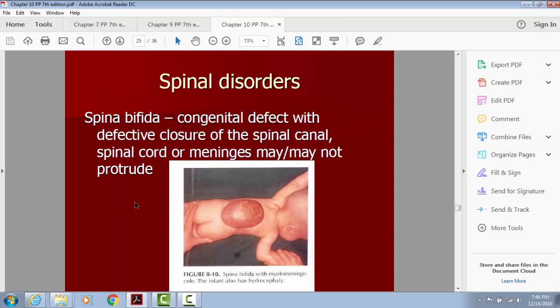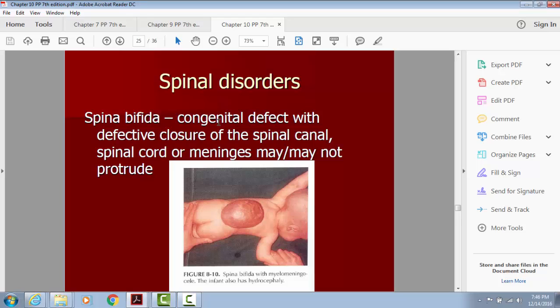Another spinal disorder that's seen is spina bifida. It's a congenital defect, so babies are born with this, where they have a defective closure of the spinal canal, the spinal cord, or the meninges. This may or may not protrude. And so in this case, this baby was born with the spinal cord on the outside of the body, so obviously it did not survive.